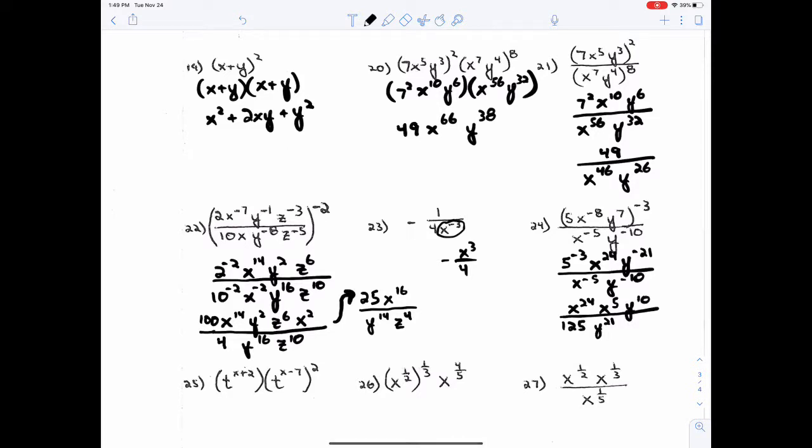And now I'll just combine whatever I can combine. Okay, the x's become x to the 29th. And then on the bottom, you have 125, and y to the 10th and y to the 21st cancel to give us y to the 11th.